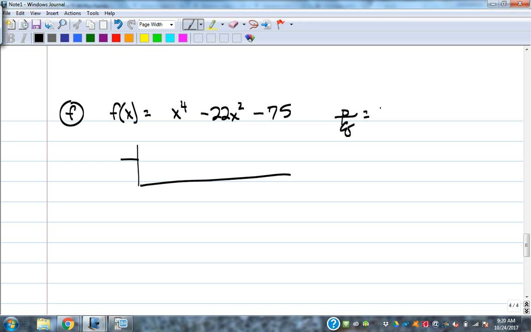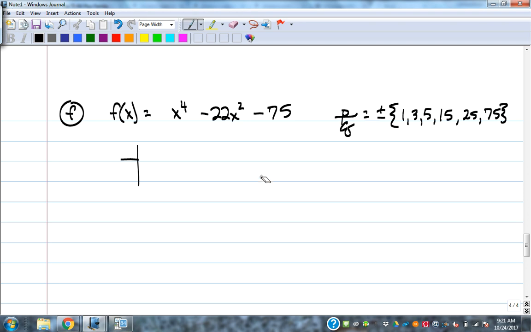What are the factors of 75? 1, 3 goes into it, 5, 15 goes into it, 15 times 5 is where that comes from. 3 times 25, and then 1 times 75. I tend to think about my factors as pairs, so I get one on one end and work my way to the middle. So I have a possibility of those, just a smaller list this time.